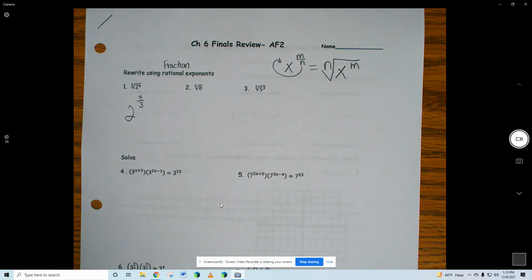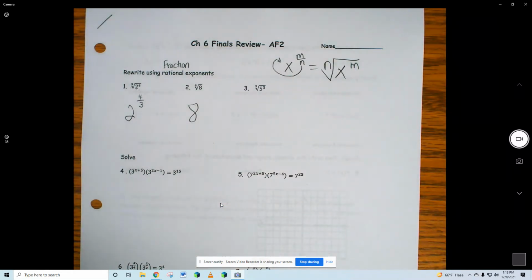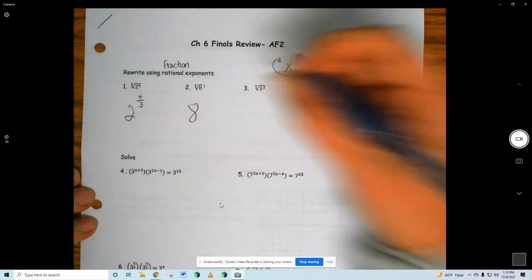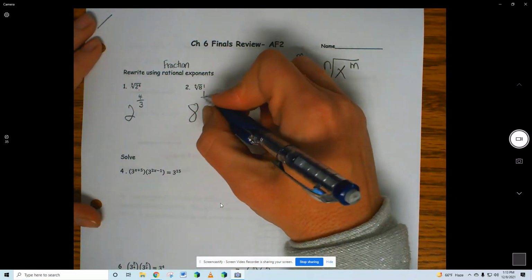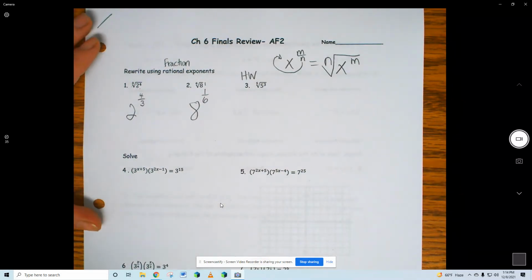Okay. Number 2. I don't have an exponent next to the 8. What do I do? It's a 1. It's an implied 1. So is it 6 over 1 or 1 over 6? 1 over 6. All right. And then you would do number 3 for homework. Good.